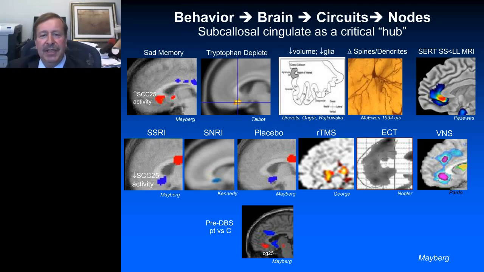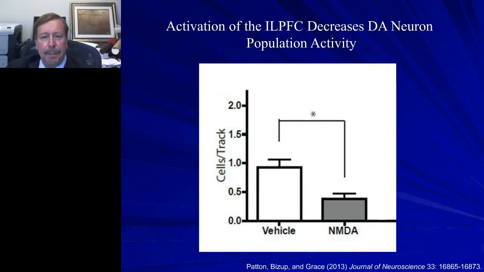Moreover, any treatment that's effective at treating depression, giving SSRIs, even placebos when they're effective, transcranial magnetic stimulation, ECT, vagal nerve stimulation, all restore activity within the subgenual cingulate area 25. So hyperactivity in this area seems to correlate with depression.